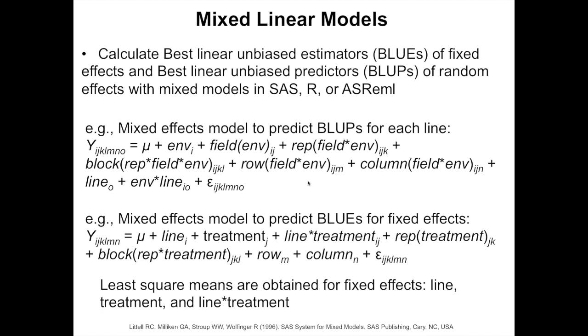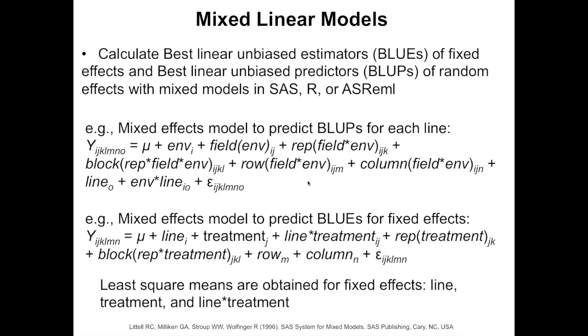Also, sometimes, depending on the size of your field test, it could be broken across 2 or 3 fields, and so we have a field effect there. We have a rep effect. Since this is an incomplete block design, we have a block effect. And something we also do is account for the grid pattern in the field, so accounting for row and column.